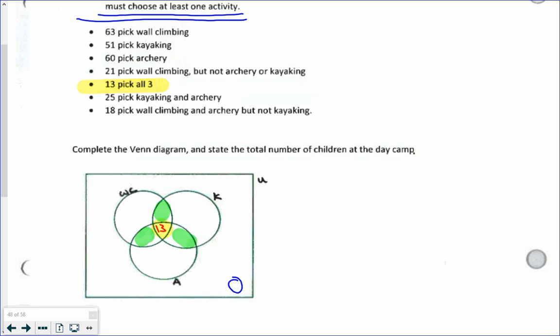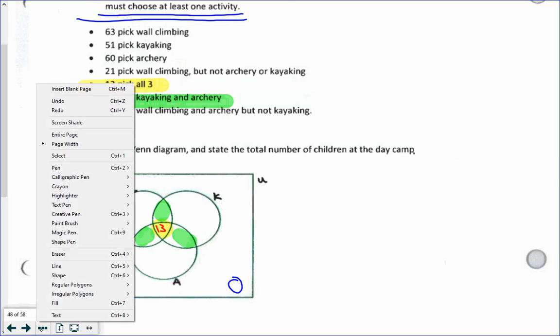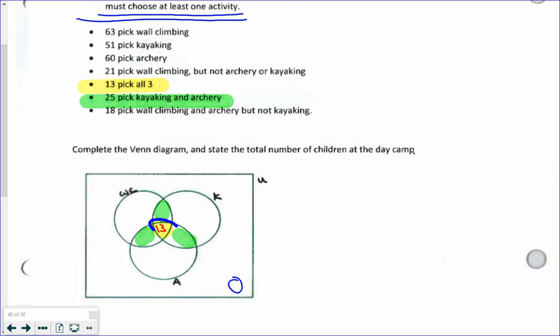That number represents the and. So if we look right here, 25, pick kayaking and archery. So kayaking and archery is 25. So look up here, please. This entire area, kayaking and archery, that is 25. You've already got 13 written, so that means that that has to be 12. Remember, you're going to subtract as you move your way out.